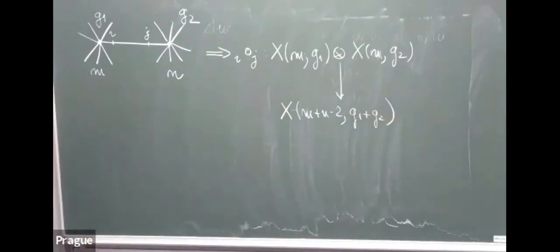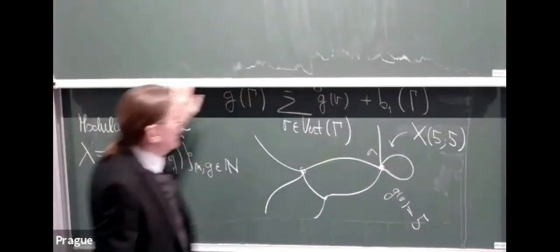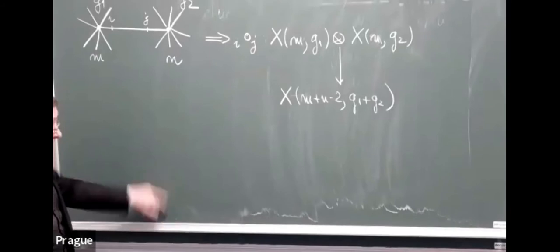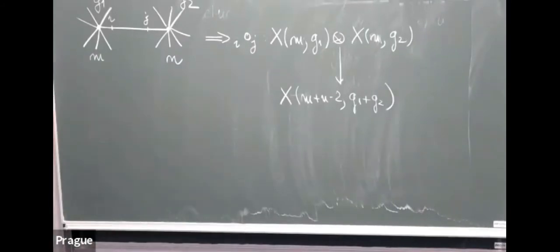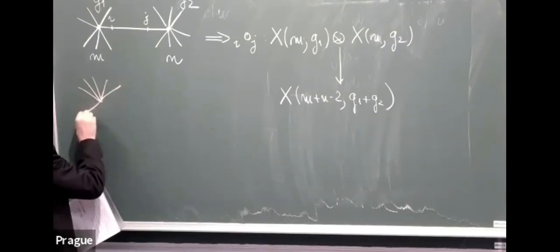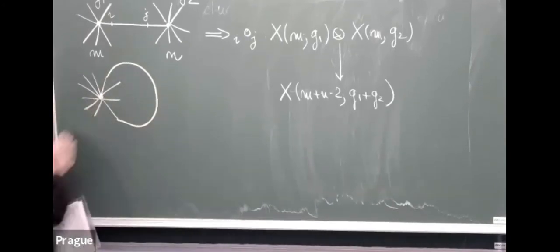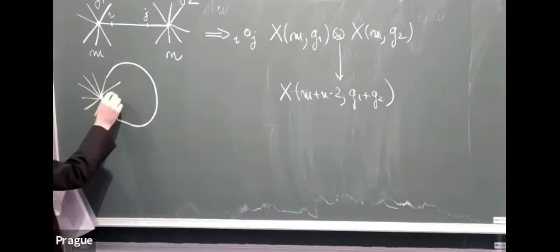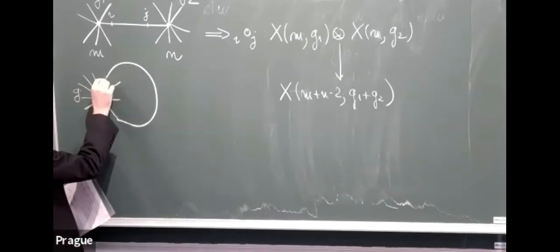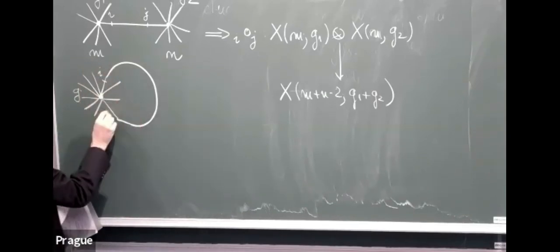Since, as I believe it's still on the board, I may also have loops, I have another operation on top of the ones which I saw in the case of cyclic operads, namely an operation which is related to a graph like this. Let's say that the genus of the vertex is g, and that the label of this adjacent edge or half edge is i, of this is j.